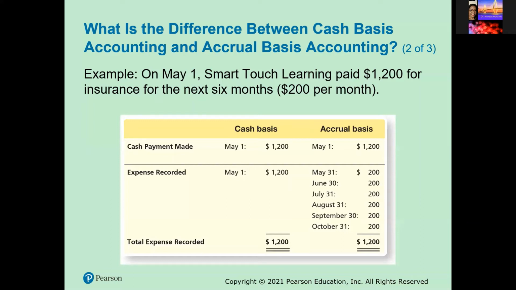So in other words, Smart Touch Learning would record $200 expense each month from May through October. So that's $200 each month. However, you see that with the cash basis accounting and the accrual basis accounting, the total expenses will be the same amount at the end.